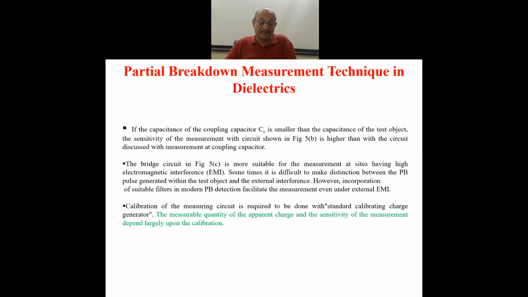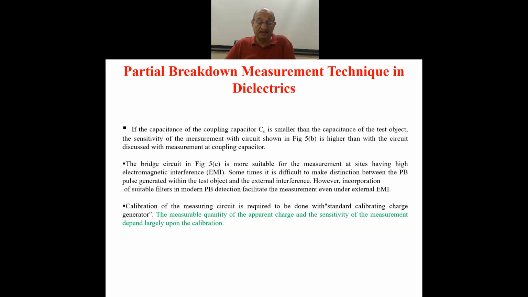So for that, the bridge circuit C is more suitable for measurement at sites where such a provision, a Faraday cage and so on, cannot be made, or where a lot of electromagnetic interference from external sources prevails.